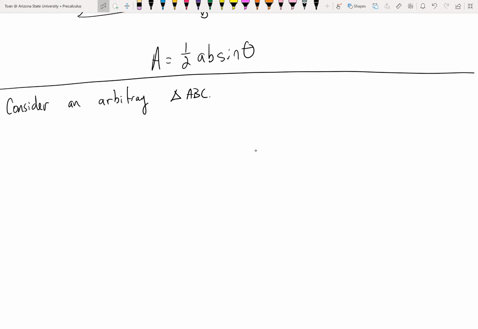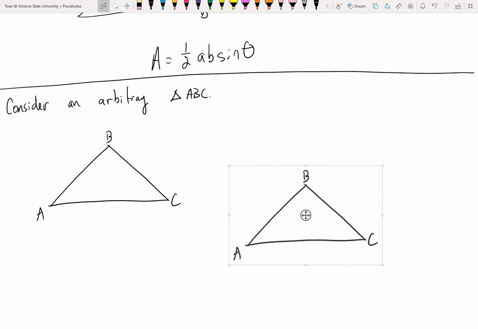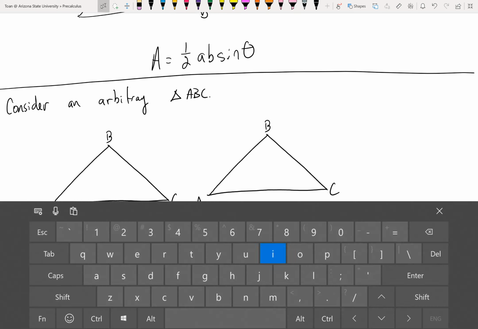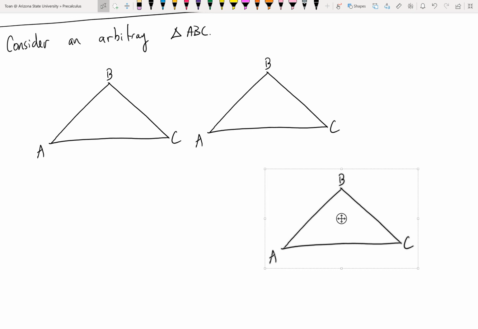My drawing abilities aren't that great, so it may not look the same, but the idea is that these should be congruent. So let's say we had triangles A, B, C. Actually, I'm on a computer. Let's see if I can copy and paste. Paste. Perfect. Oops.